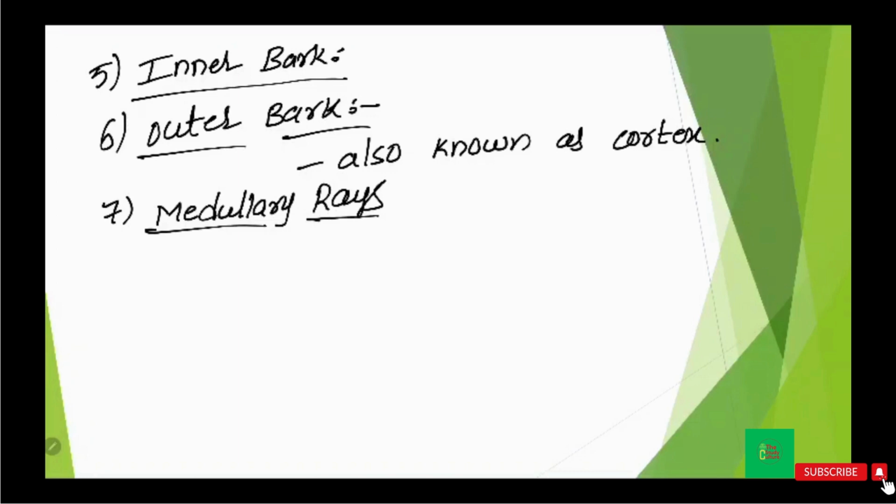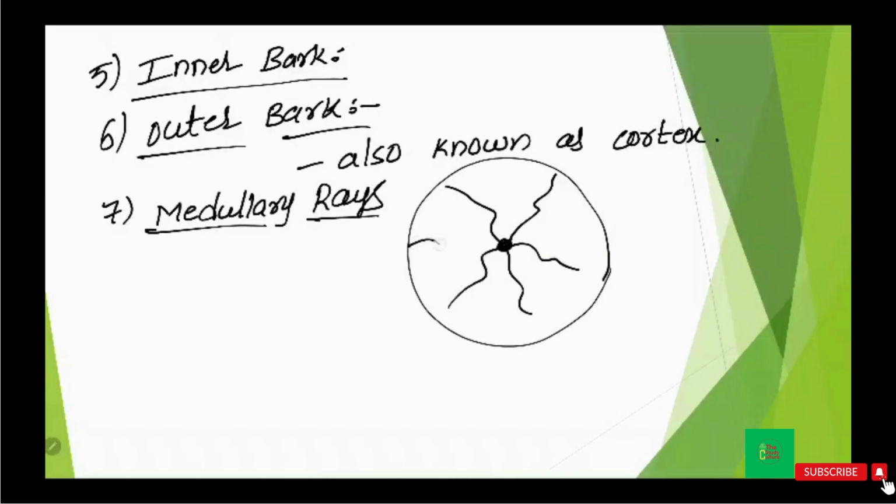These rays are sometimes broken and in some varieties of trees they are not very prominent. This is the pith. These are medullary rays, connecting from pith to cambium layer.